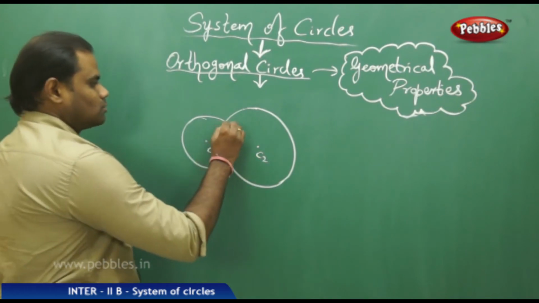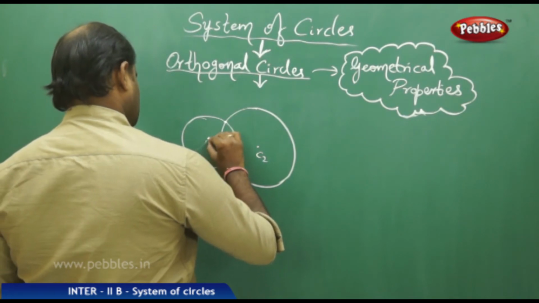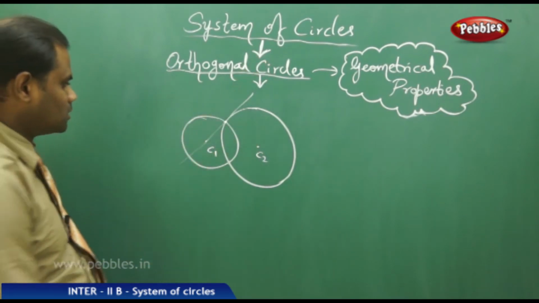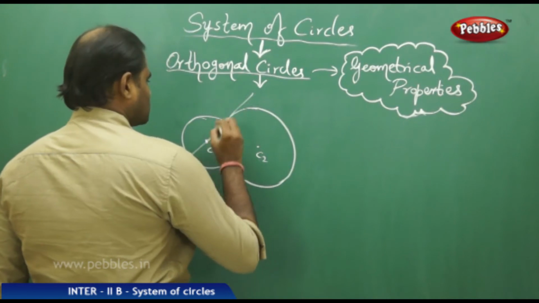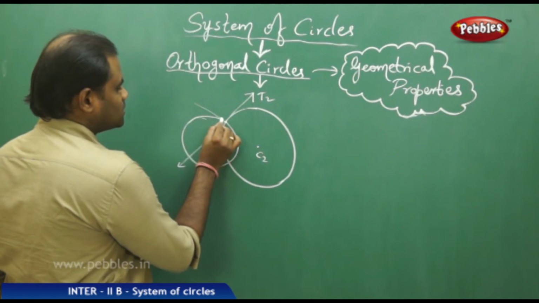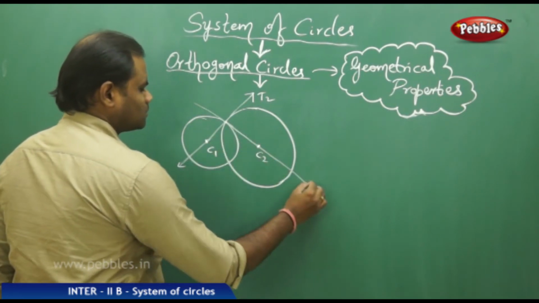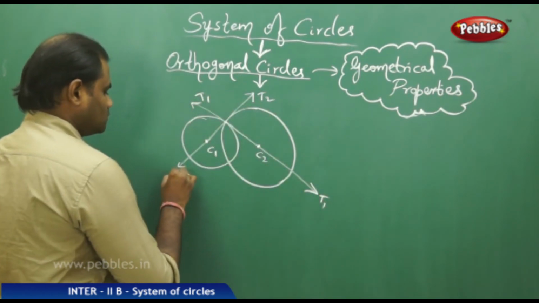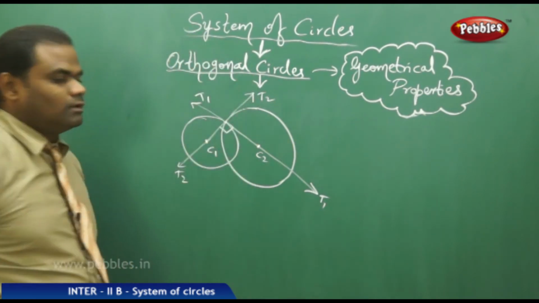Then the tangent to the circle C2, say T2, and the tangent to the circle C1 will pass through the centers.